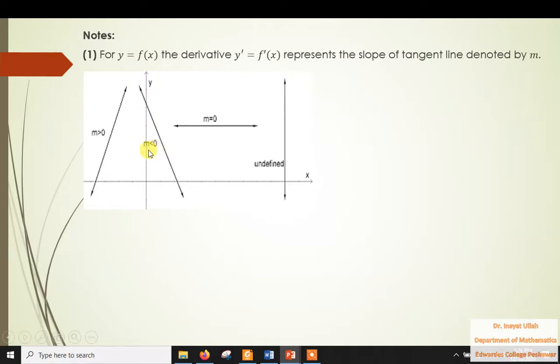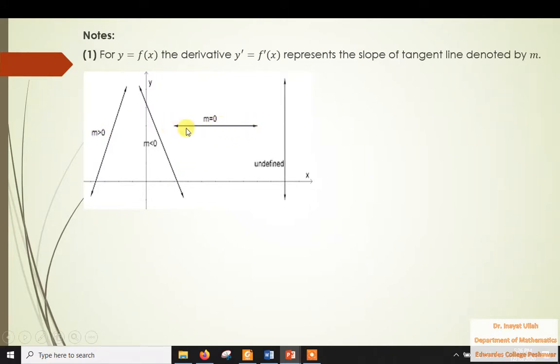Less than 0 means negative, and greater than 0 means positive. So the slope of this kind of line is always negative, and the slope of the line which makes an angle less than 90 degrees with the x-axis will always be positive.